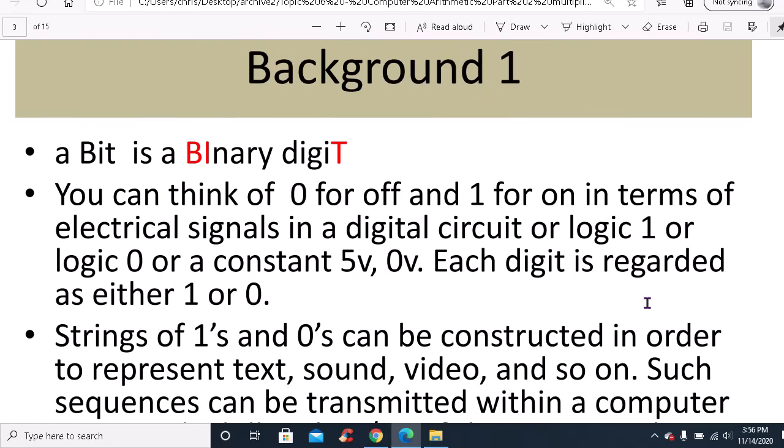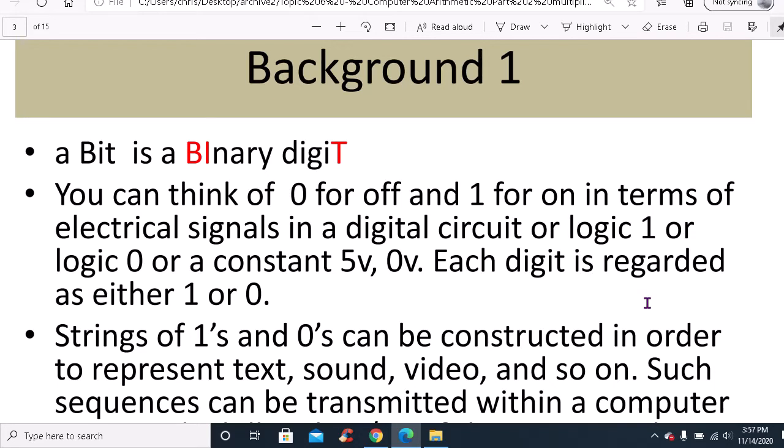Background, which you may or may not be familiar with or have thought about very much, is that a bit stands for a binary digit, so BIT. And you can think of a 0 as representing an off state, and 1 an on state, in terms of, say, electrical signals in a digital circuit, or maybe logic 1 or logic 0.